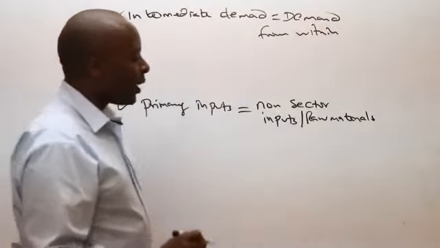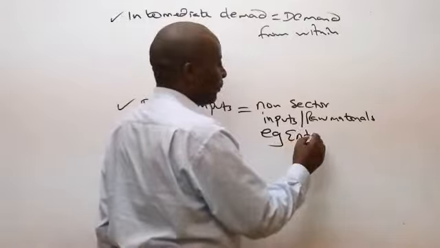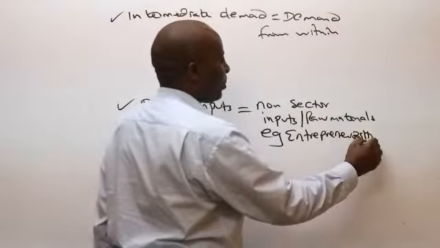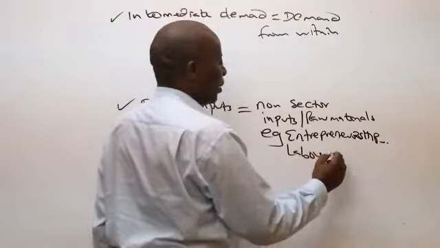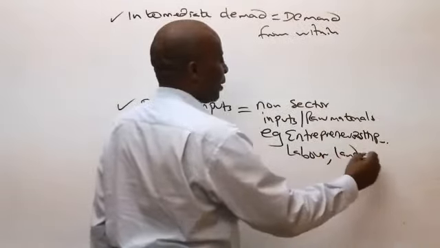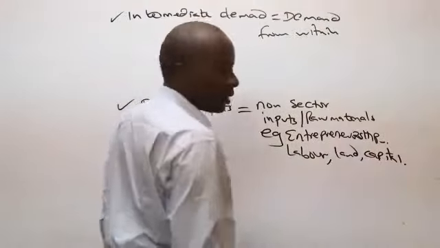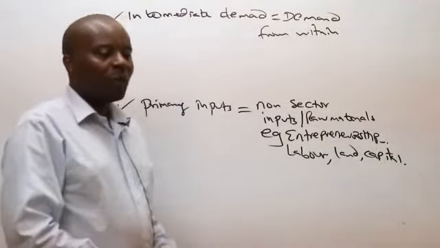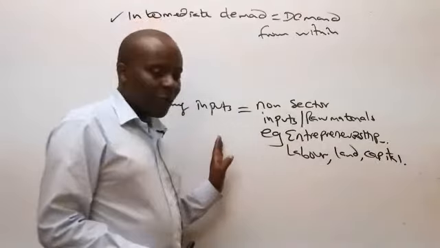A very good example will be entrepreneurship. We have labor. We have land. We have capital. There is no sector that produces these things. So then we have to lump them together under what we call the primary inputs.